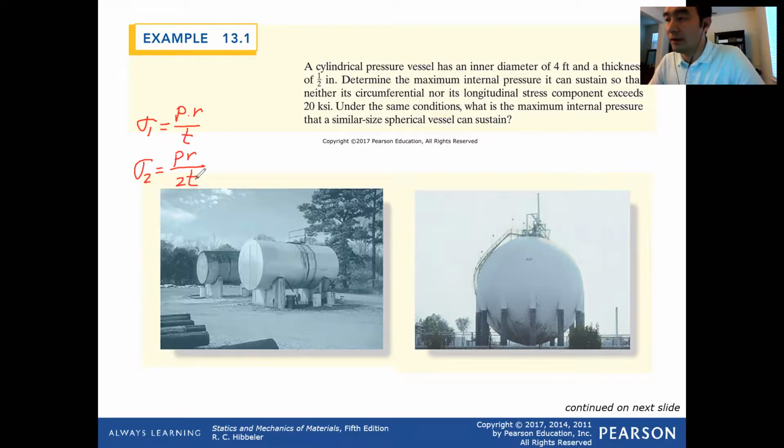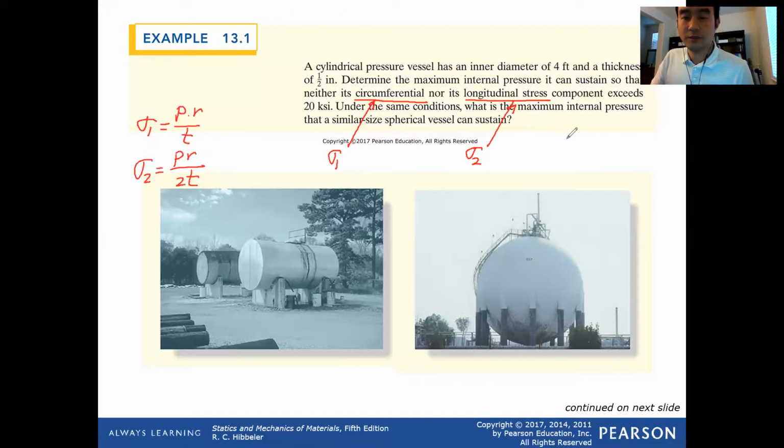And longitudinal stress is going to be sigma 2. What do you think? Which one is going to be larger with a given pressure, radius and thickness? Sigma 1 is going to be twice as large as sigma 2, right? So we're going to set this sigma 1 equal to 20 ksi.